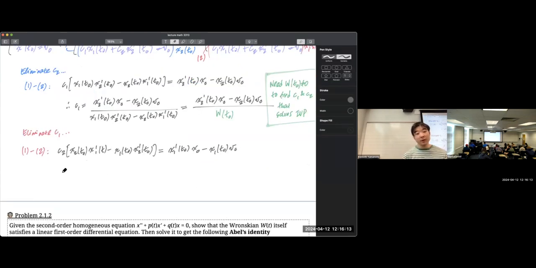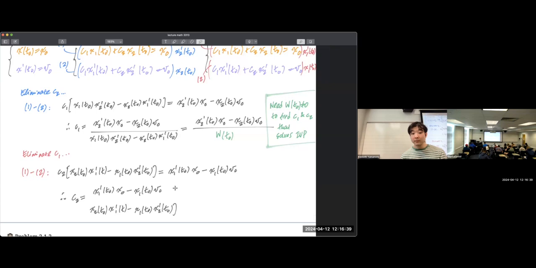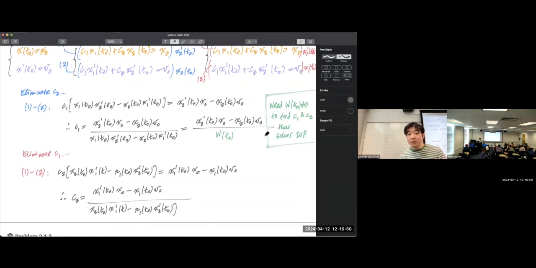Okay, and then therefore our C2 has to equal this thing divided by this. X2 prime x1.